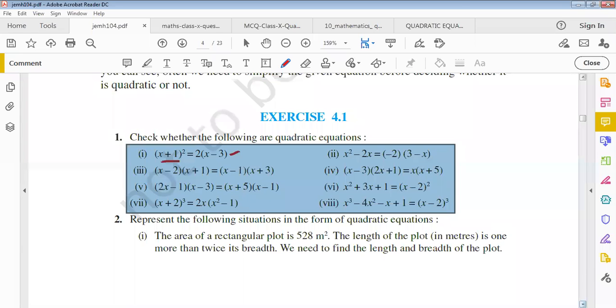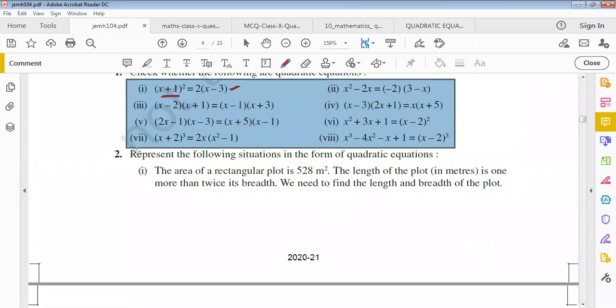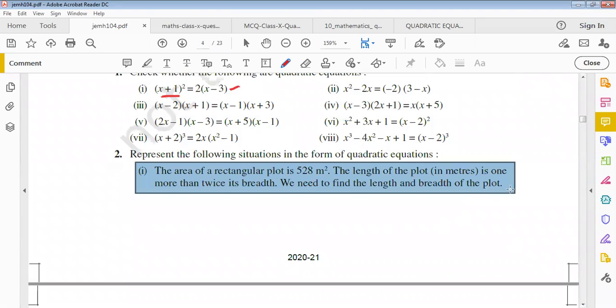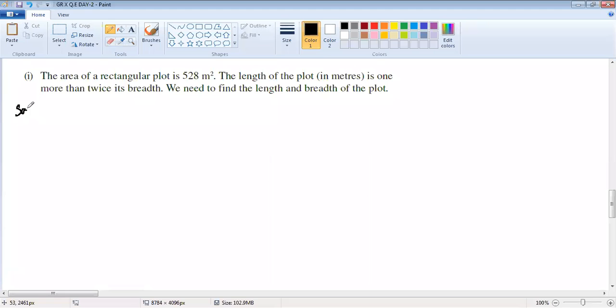Next, one more question. Represent the following situation in the form of a quadratic equation. It is asking us to write only the quadratic equation. The area of the rectangular plot is 528 meters square. So let us go for the rectangle.